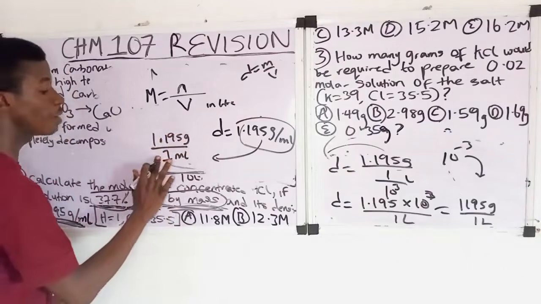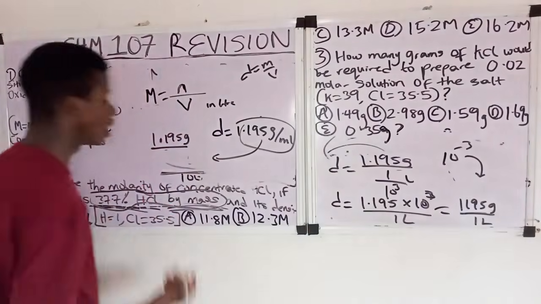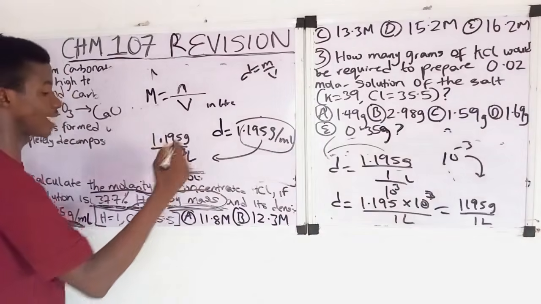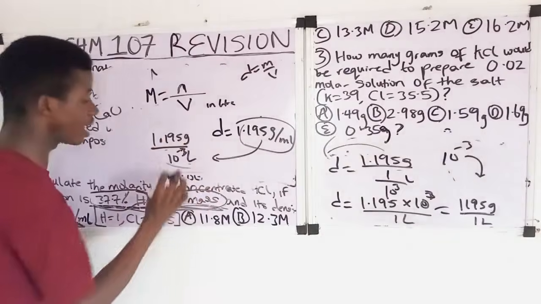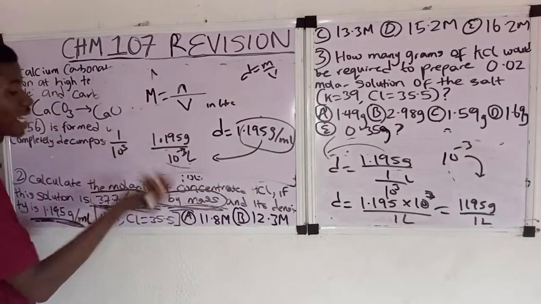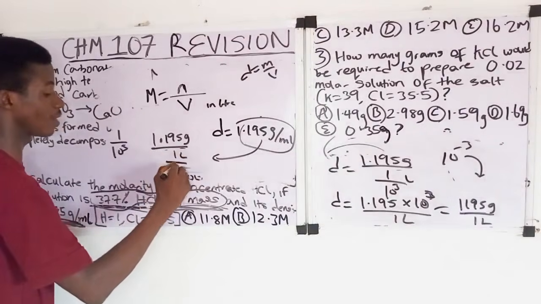Remember, we don't use mil, we use liter. 1 milliliter is 10 raised to the minus 3 liter, and 10 raised to the minus 3 is 1 divided by 10 raised to the 3. So now everything will be 1 liter.